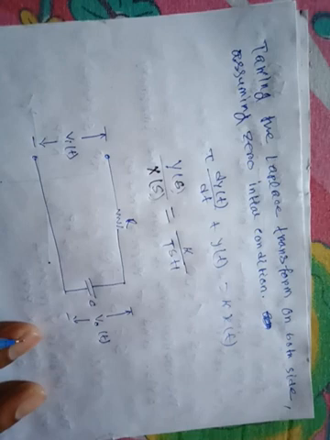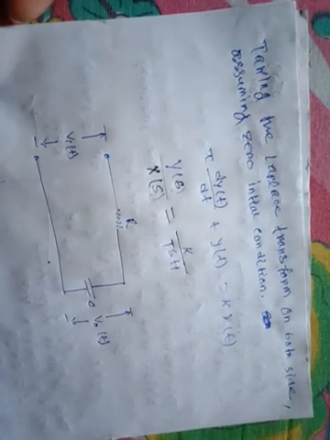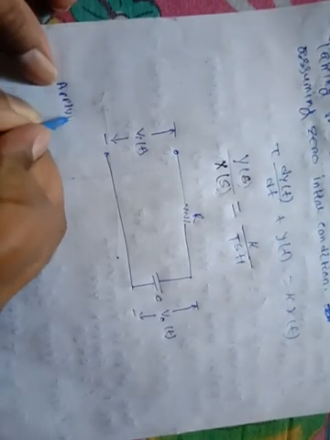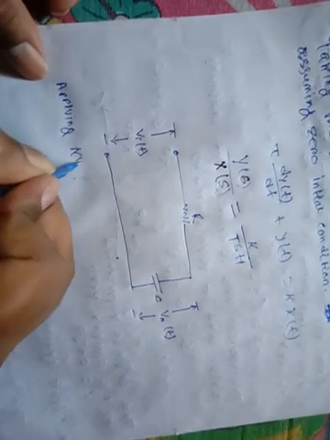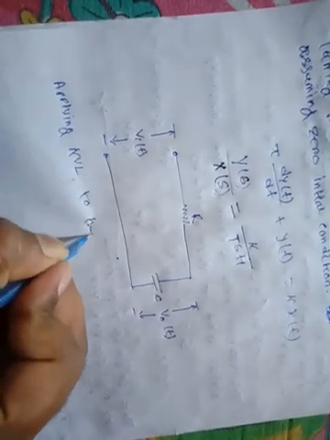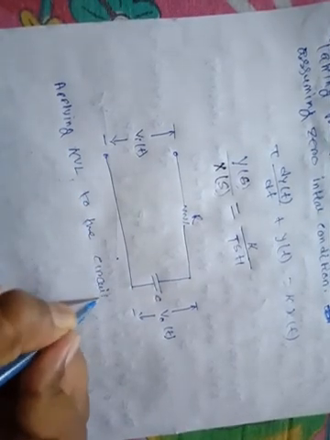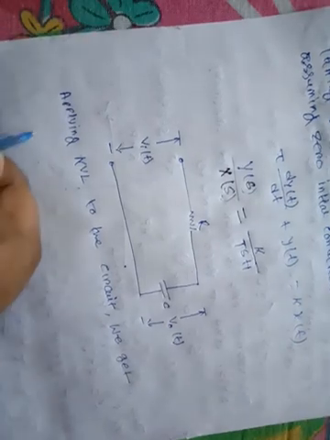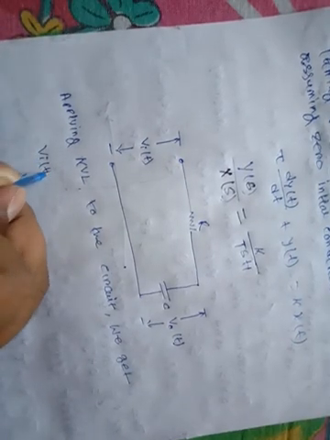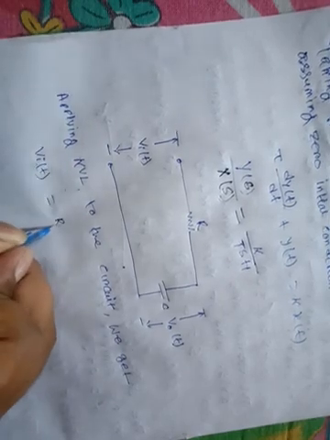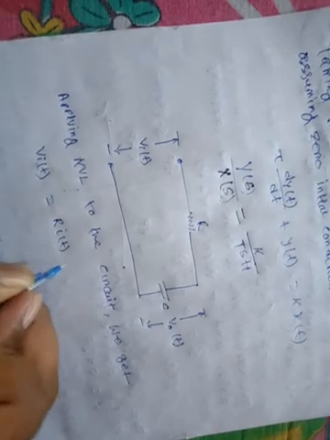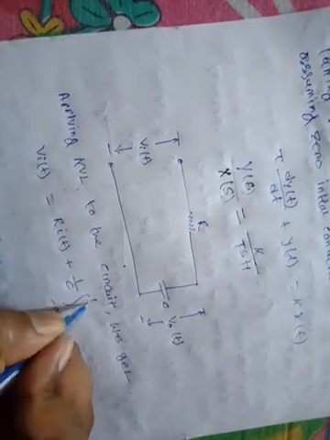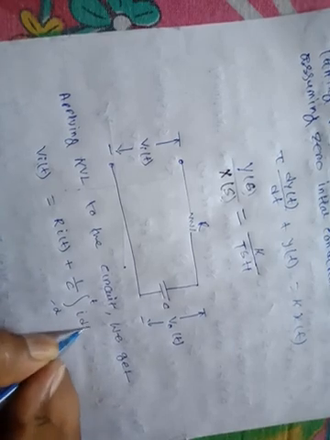Applying KVL to the circuit, we get the input voltage Vi(t) is equal to the resistance voltage R i(t) plus the capacitive voltage 1 by C integration from minus infinity to time t of i dt.